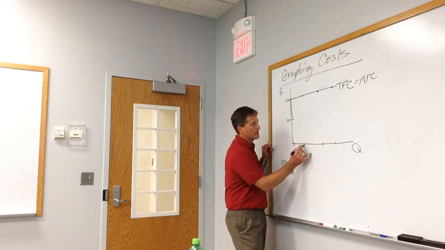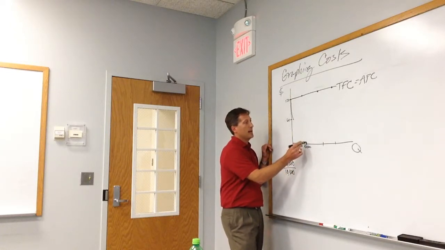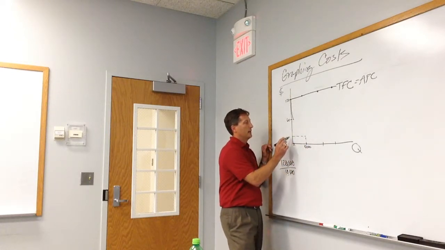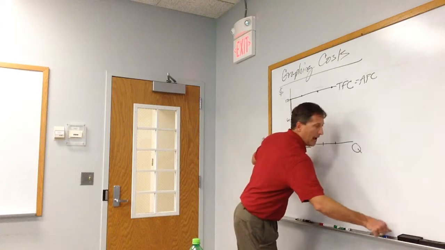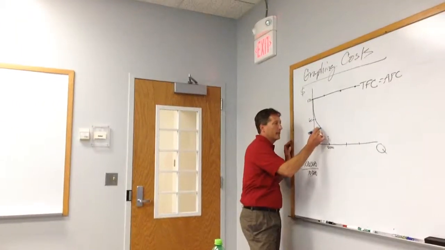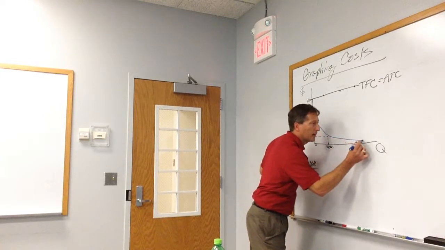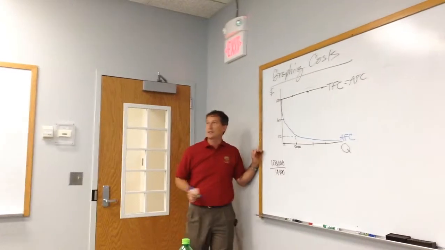So at 10,000 units, I'm not really to scale here, but that's $12. All right, so this average fixed cost curve looks something like this. And it approaches the horizontal axis, but it never gets there.